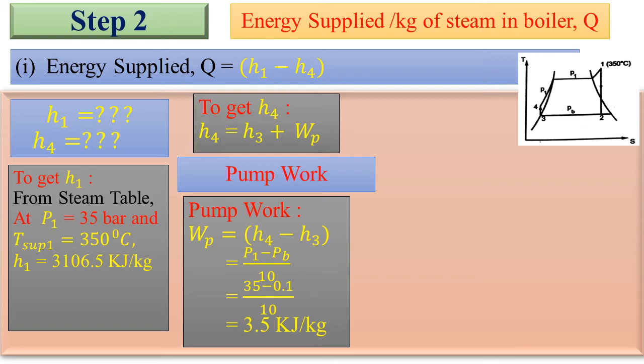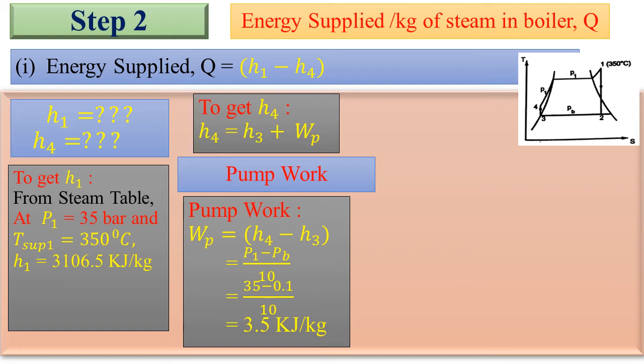Because we can see that all formulae are represented in terms of enthalpy. We are calculating everything in terms of enthalpy, and from the steam table also, whatever values we get are in enthalpy.